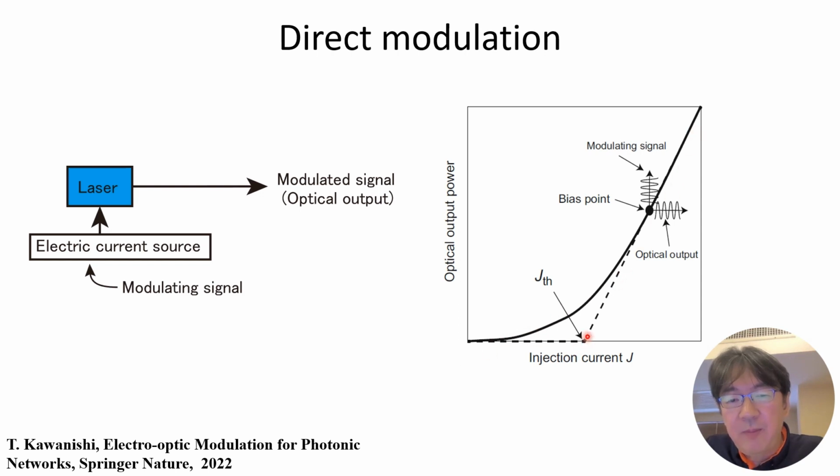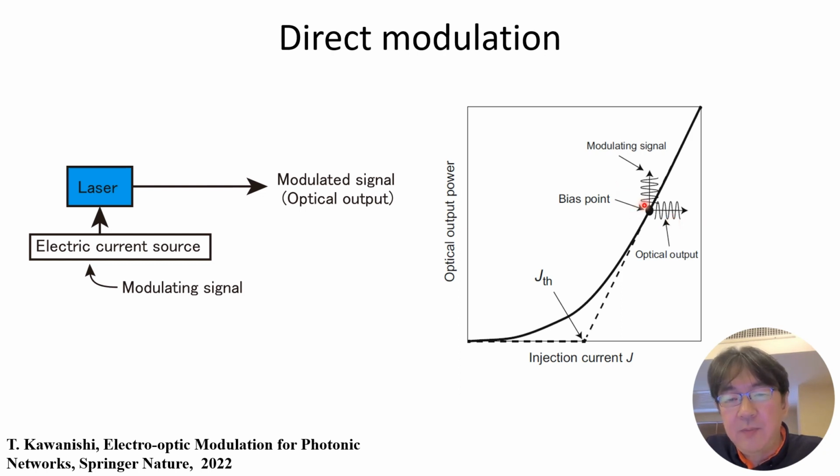We call this point the threshold current, and we define some DC bias current here to achieve linear modulation, and we add a high frequency modulation signal to the bias current. We can get optical output like this. This is the basic configuration of direct modulation.